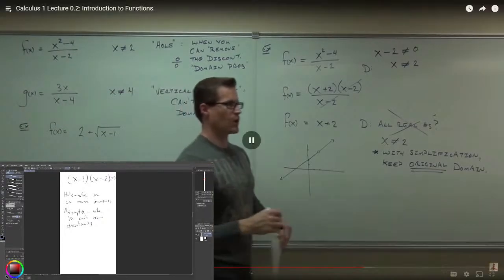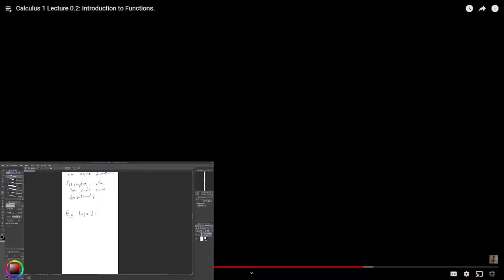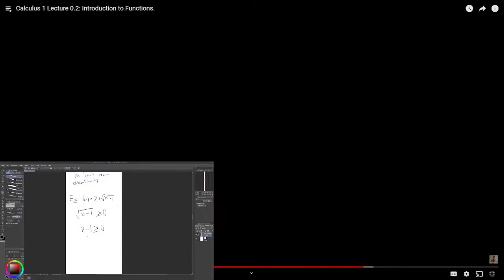Find domain and range. Okay, domain. So x minus 1 has to be greater than or equal to 0.